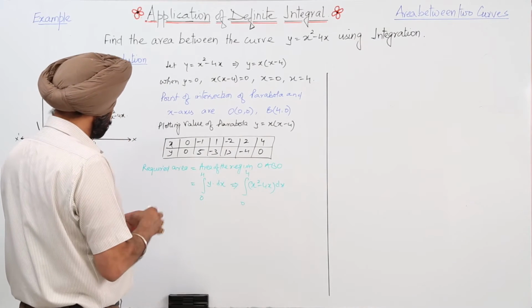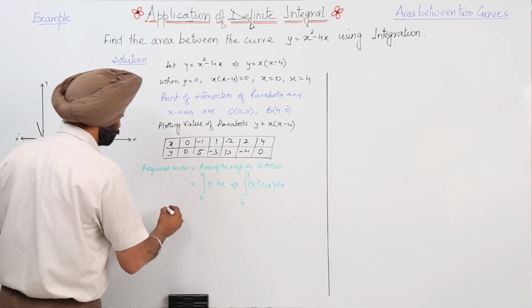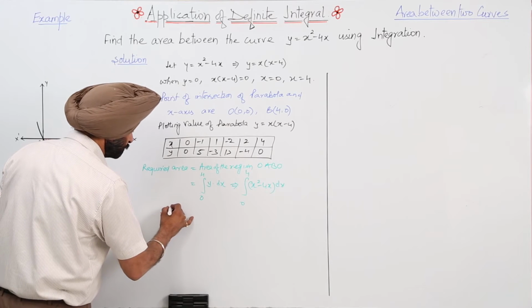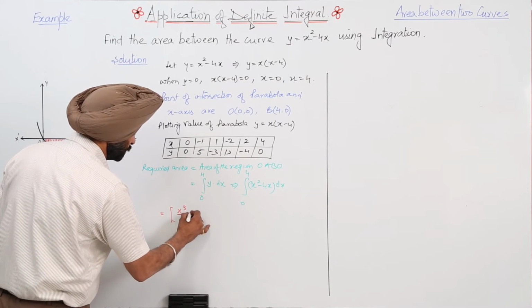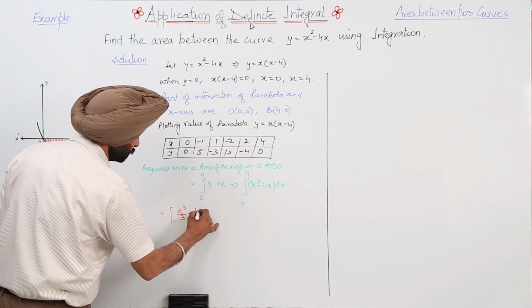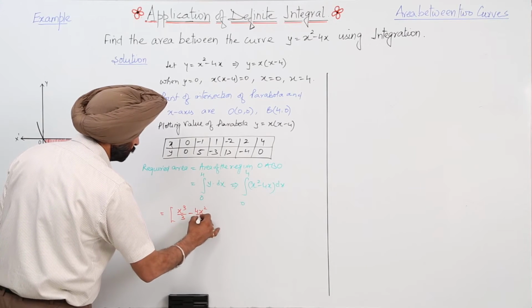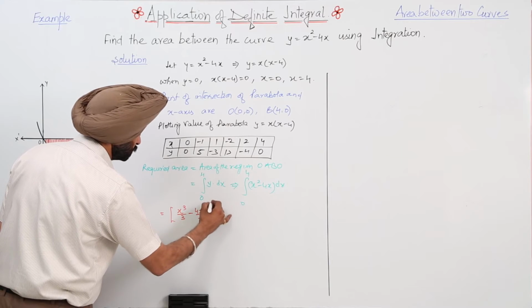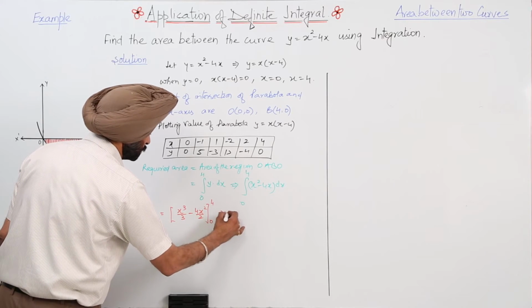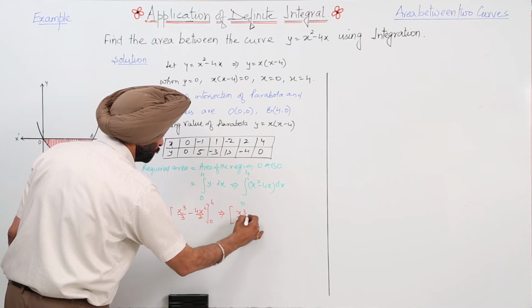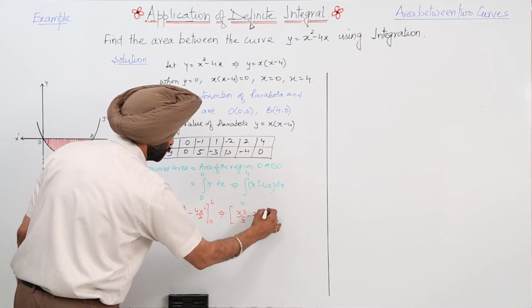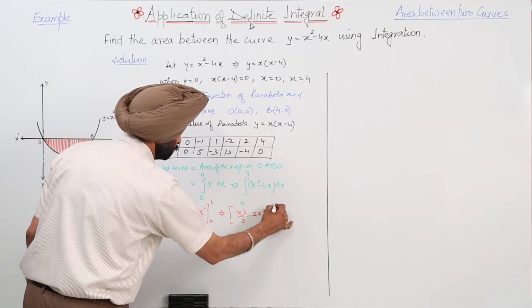Okay. Now on solving, what we are getting? We are getting x cube upon 3 minus 4x square upon 2 with limits 0 to 4. Now this is x cube upon 3 minus 2x square, 0 to 4.